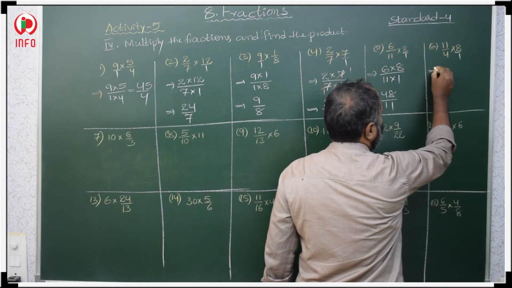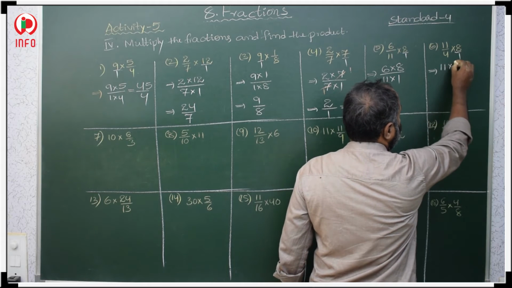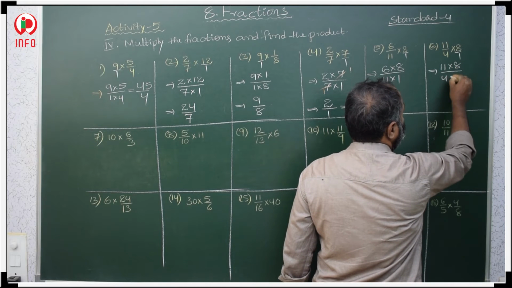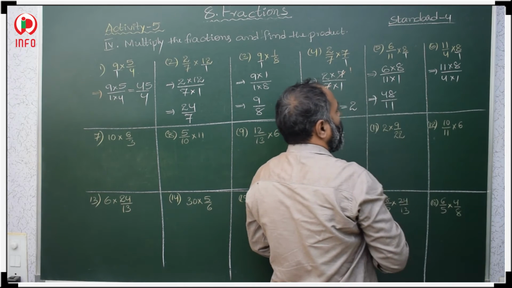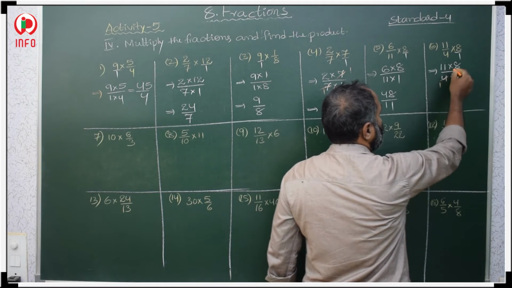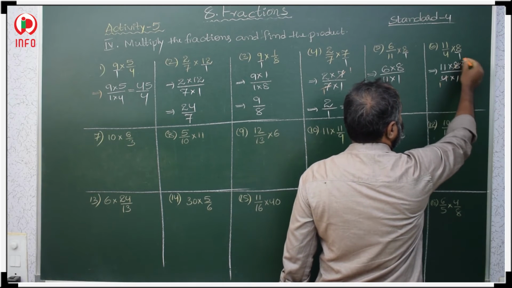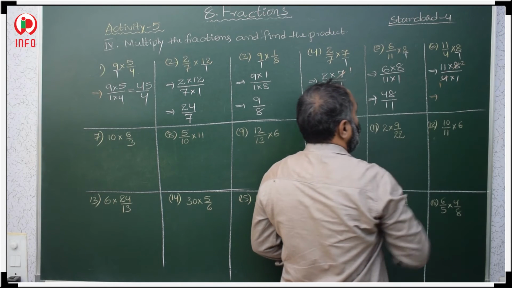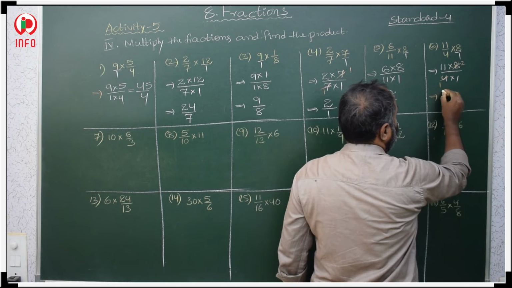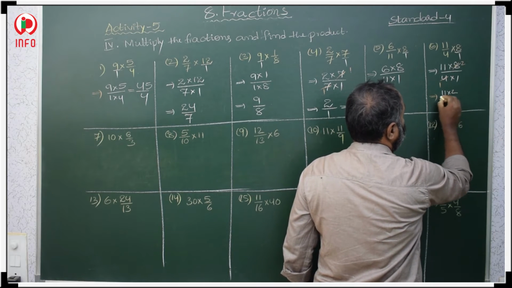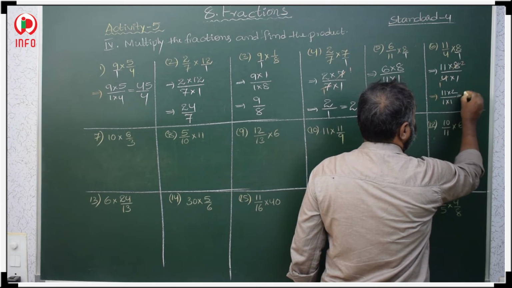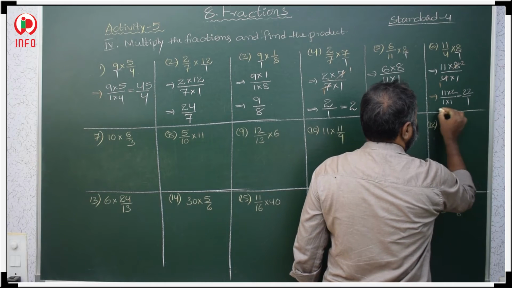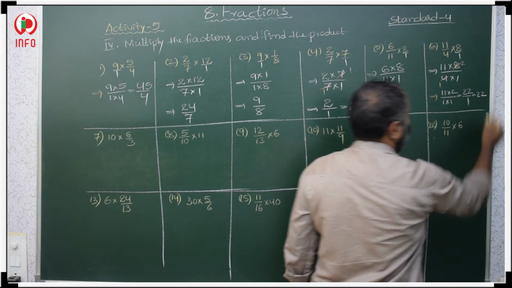Now multiply numerator with numerator. 11 into 8 by 4 into 1. These two have common factor 4. 4 1s are 4, 4 2s are 8. Now multiply numerator with numerator. 11 into 2 by 1 into 1. 11 2s are 22 by 1. 22 by 1 means 22 is the answer.